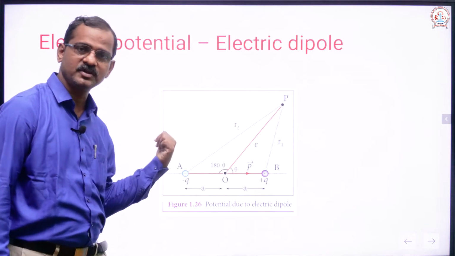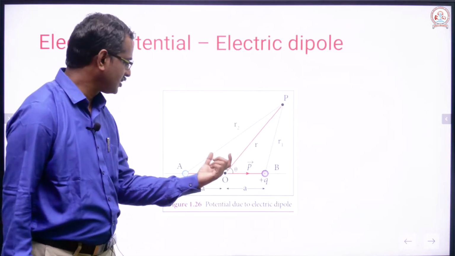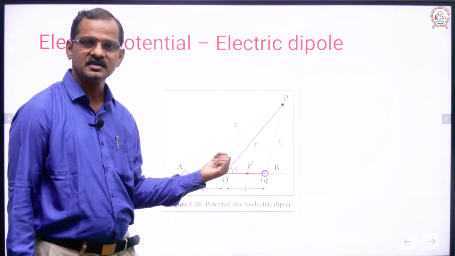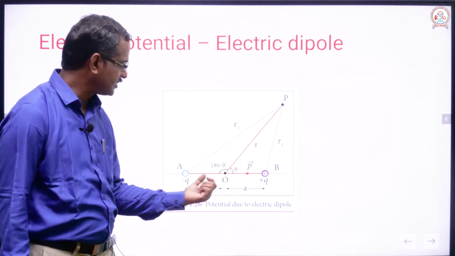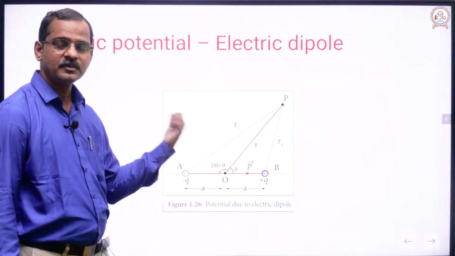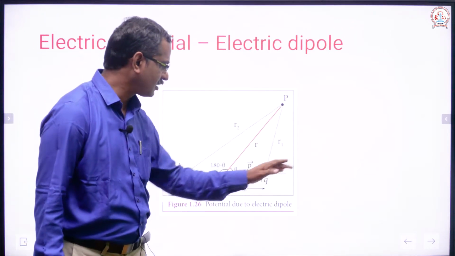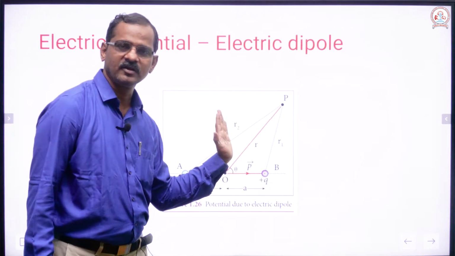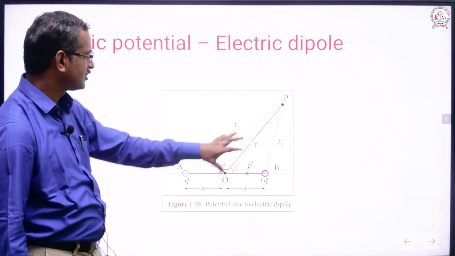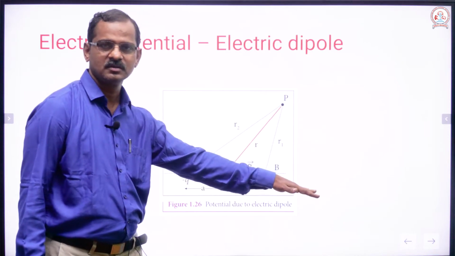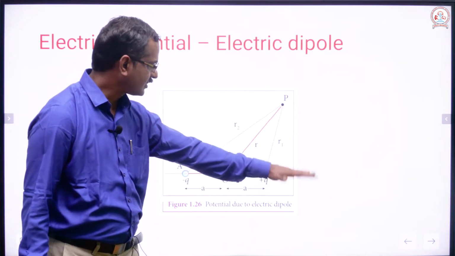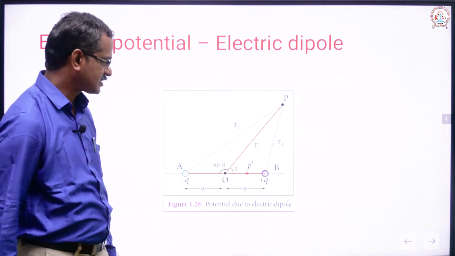In the previous case we discussed the electric field along the axial line and then along the equatorial line. Now we are going to derive a common equation, and we will discuss various cases where it will be along the axial and the equatorial line, both.